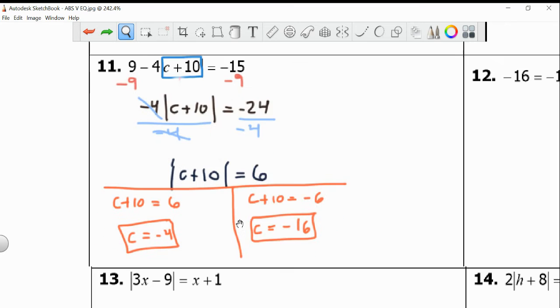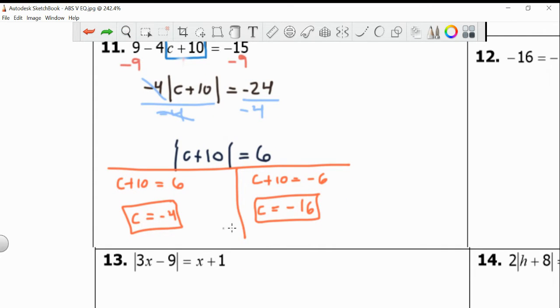Now, these two answers, we kind of know that these two answers are fine, okay? Because we have the absolute value is equal to a positive. So there's nothing to be scared of here. We could check them, sure. -4 plus 10, right? Your teacher might require you to check them. I'm looking at this. I'm still seeing positive equals positive. I'm still seeing absolute value of 6 equals 6.